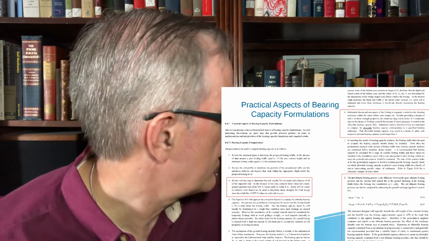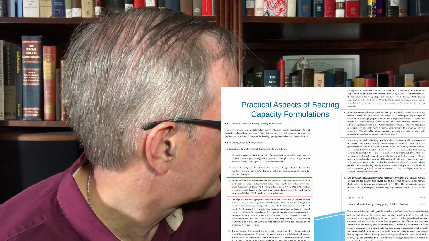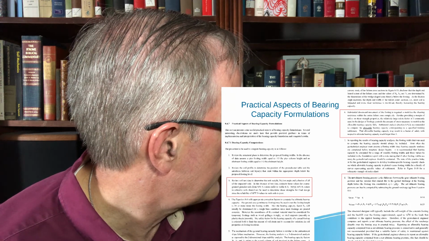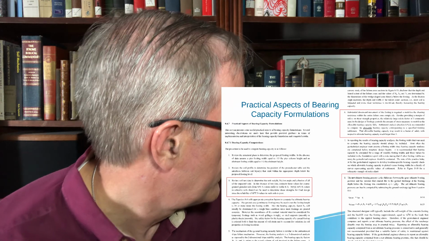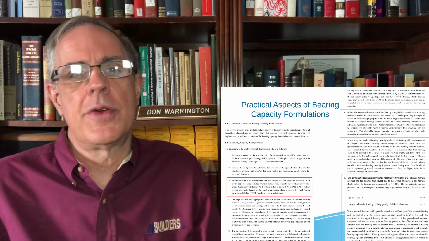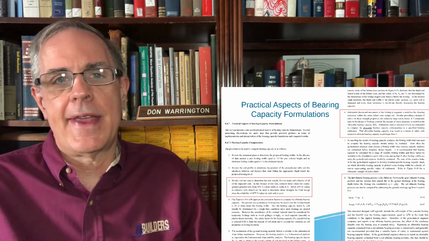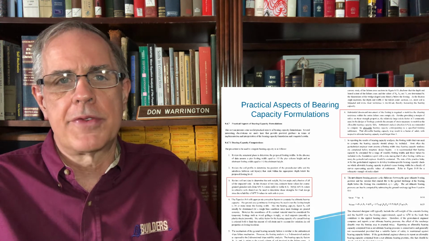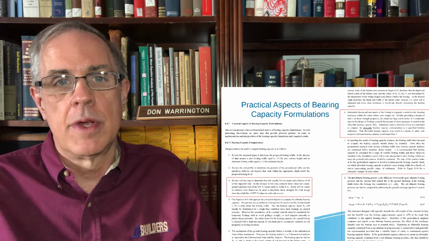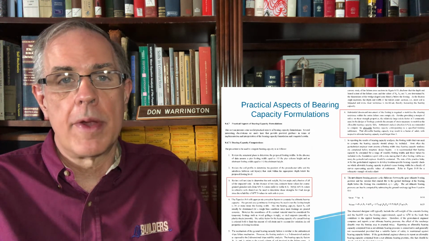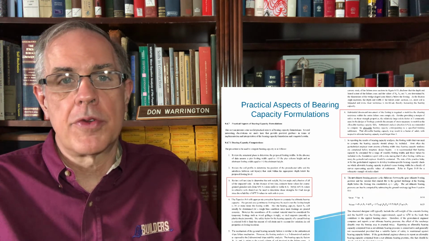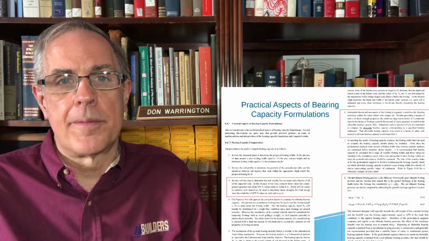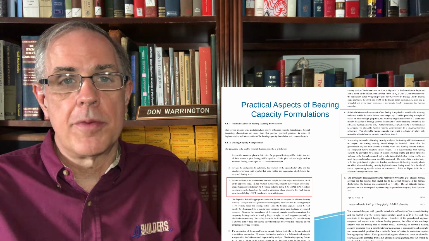The second thing is about the substantial downward movement of the footings required. That's also tied up with a settlement issue. It is true that to mobilize the full bearing capacity of the soil, you do require downward movement.